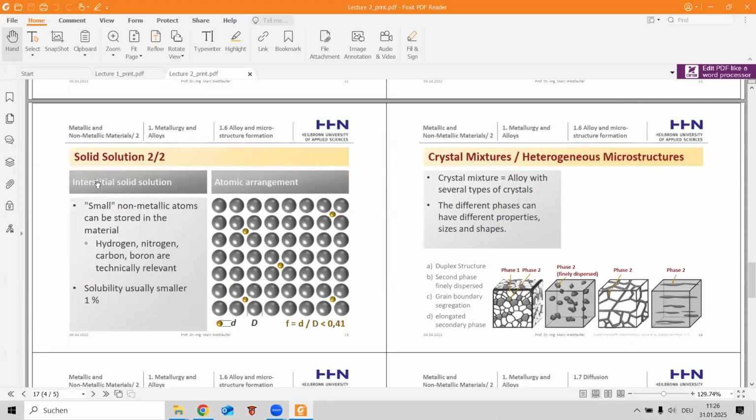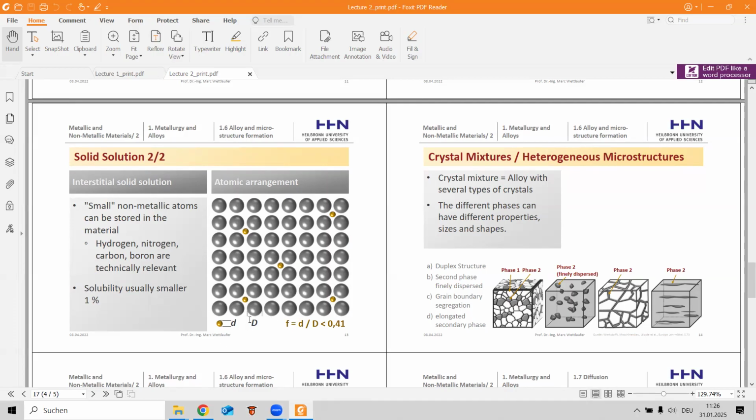Here we have the interstitial solid solution. Small non-metallic atoms can be stored in the material, like hydrogen, nitrogen, carbon, and boron. The solubility is usually smaller than 1%.